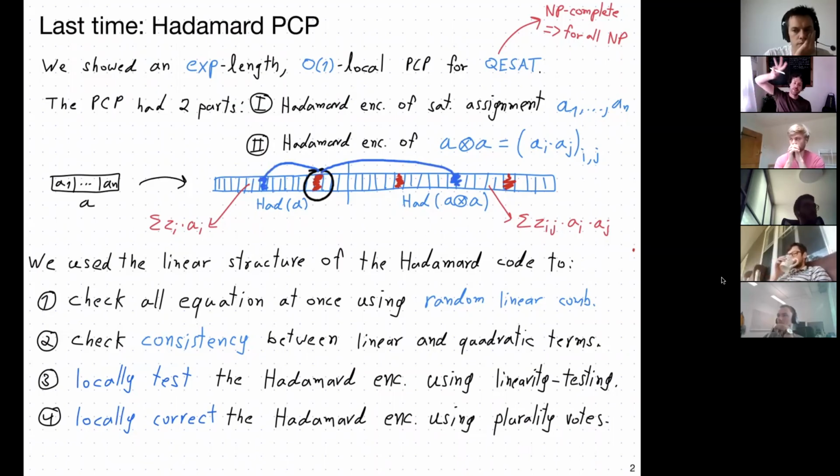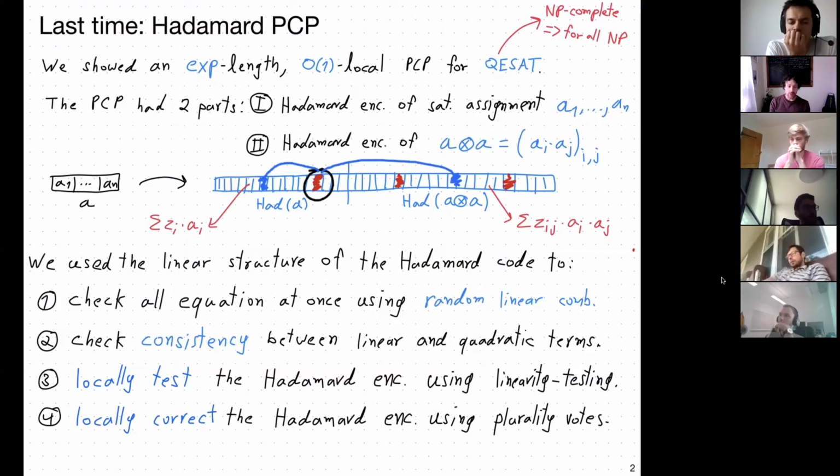So we first tested that we are close to Hadamard, and after we know that we are in proximity to the Hadamard code word, we can locally correct it, and so we can assume that we actually retrieve the real encoding. So this is what happened in the Hadamard setting.